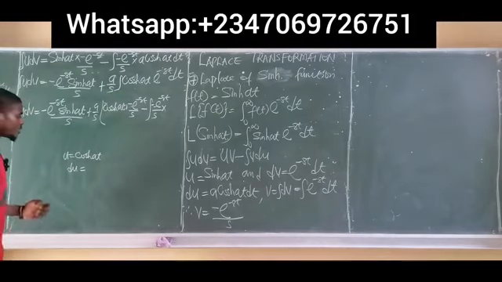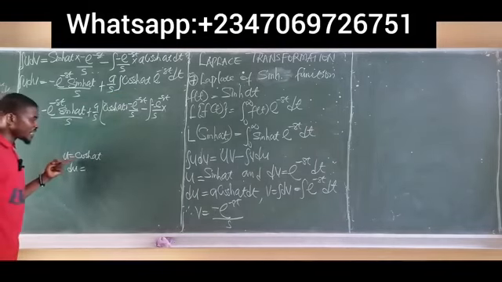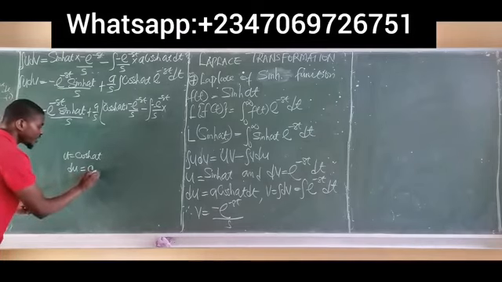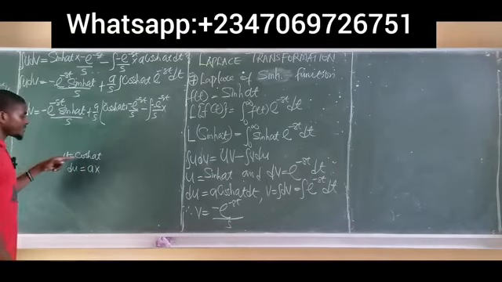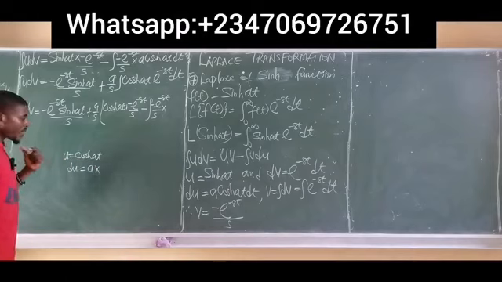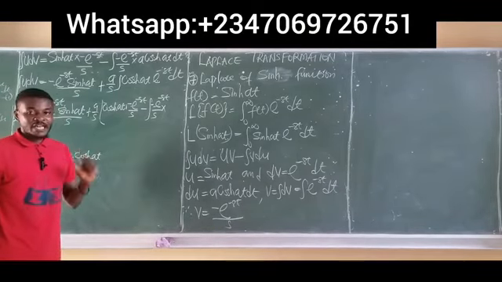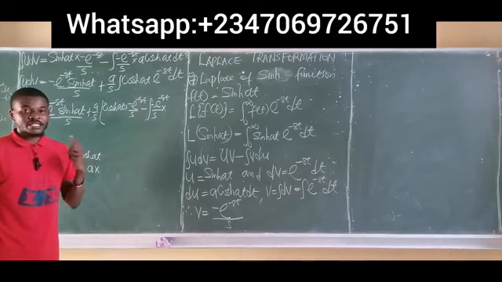To find du, again, you're differentiating a hyperbolic trig function. First thing to do is differentiate the angle. The angle is at. If I differentiate at, I will simply have a. Use this derivative to multiply the derivative of the hyperbolic cos. Now mind you, if you differentiate cos, you're going to have sine, positive sine, and not a negative sine.